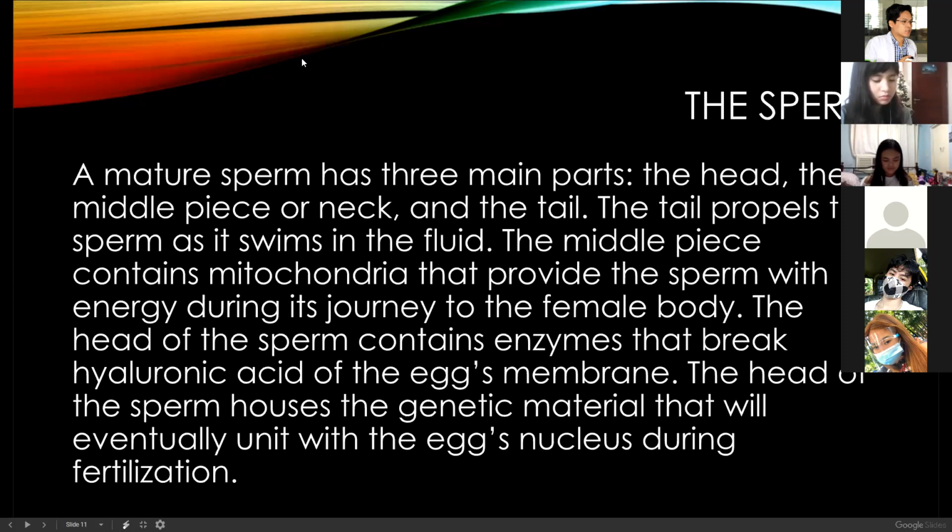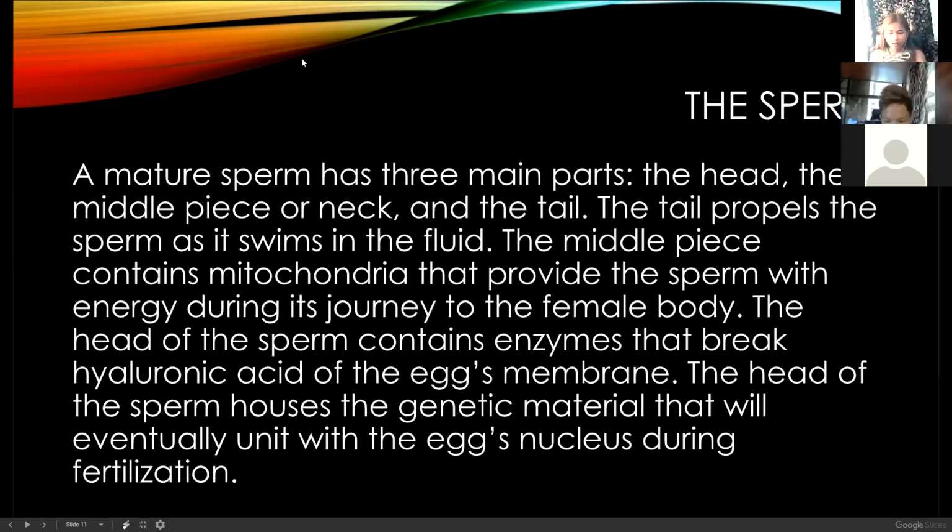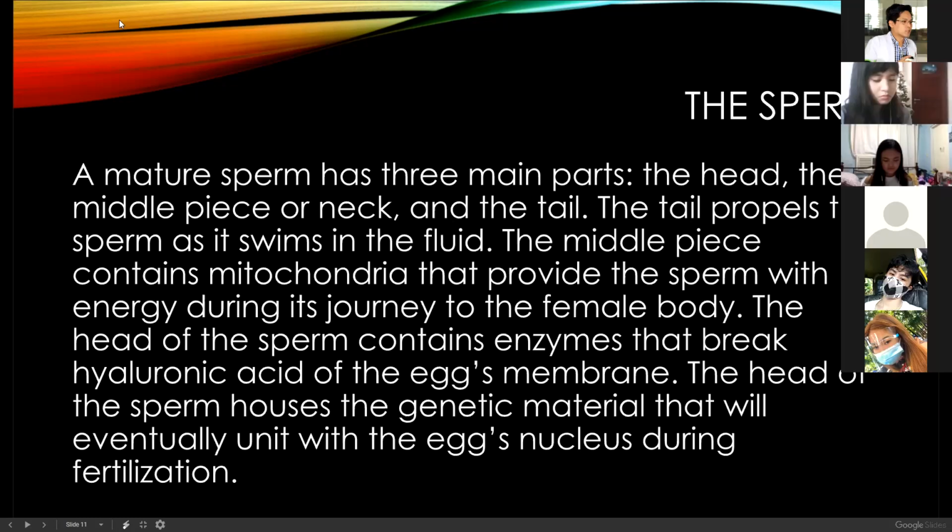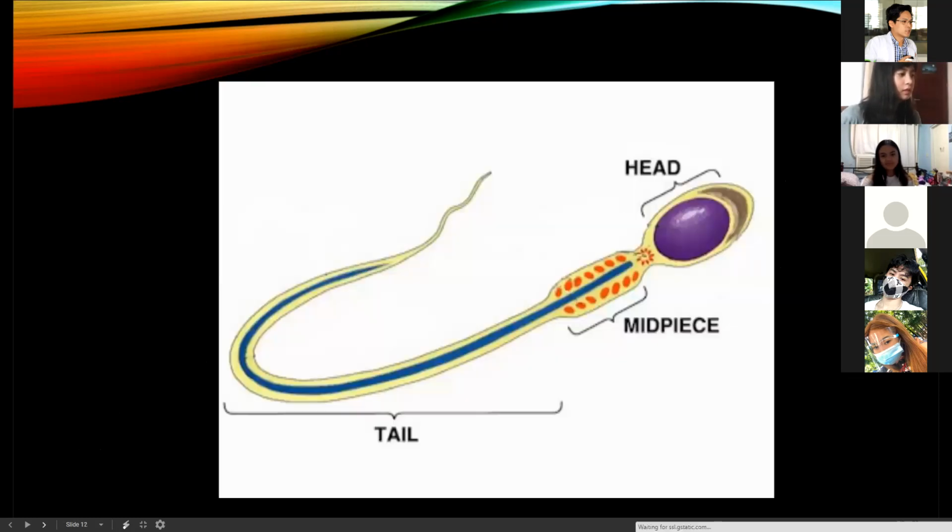Are you still with me? Yes. So this is your sperm. If you look at your sperm, you have the head that houses the genetic material, the middle piece or mid piece, which also contains mitochondria, and the tail, which is your flagellum.